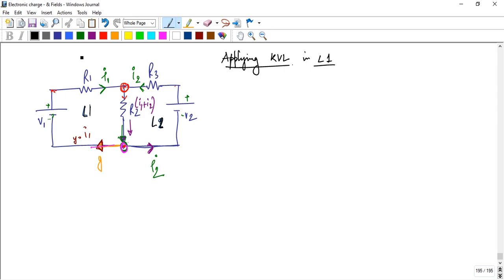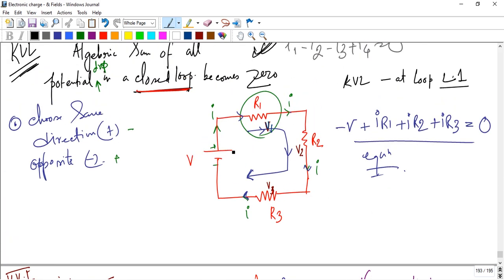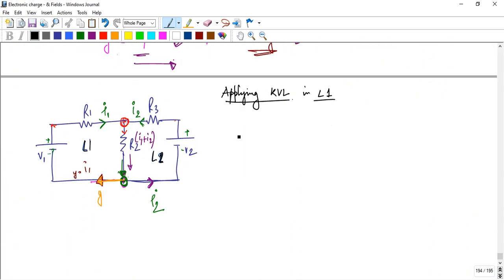Previously we applied the clockwise; now we apply anti-clockwise. Now check whether our assumed current direction is the same or different.